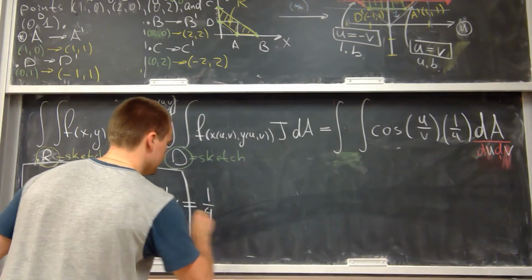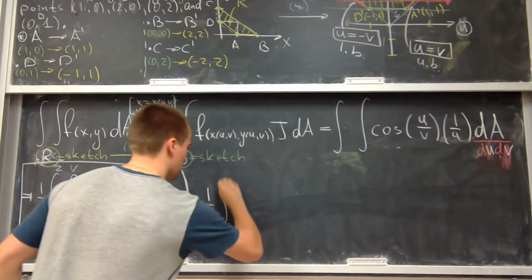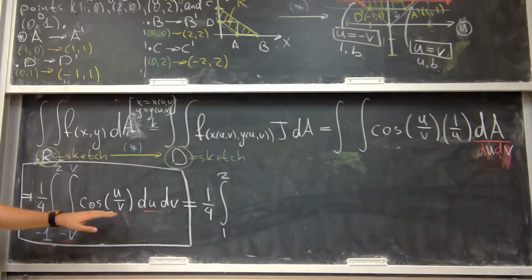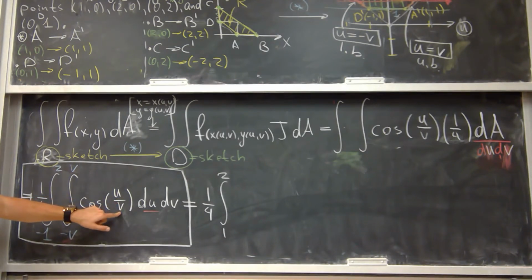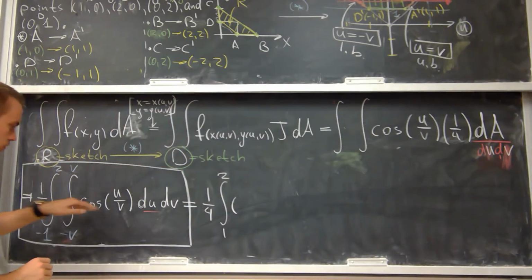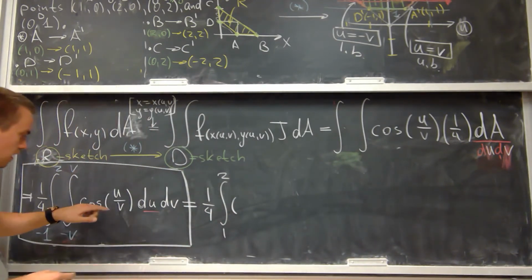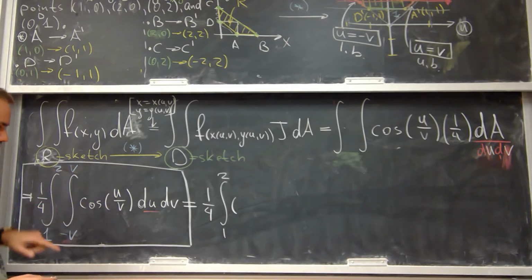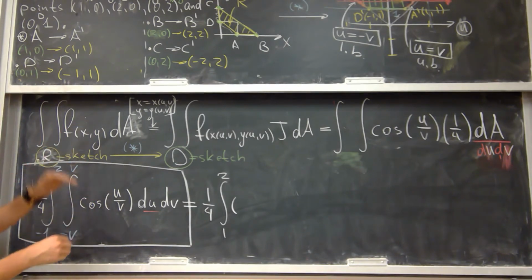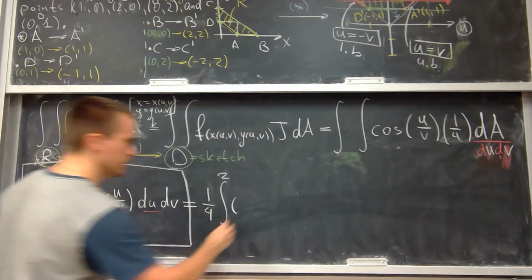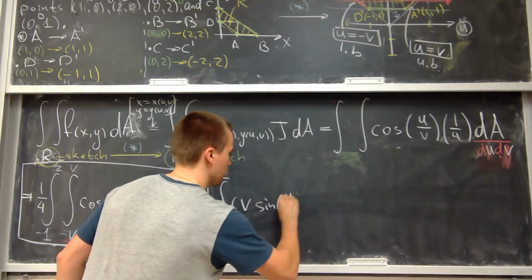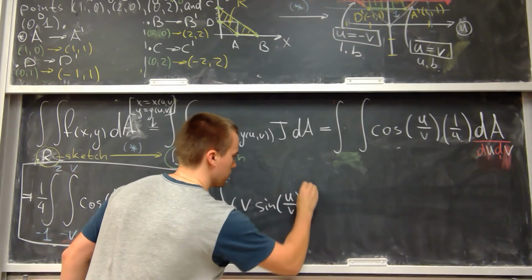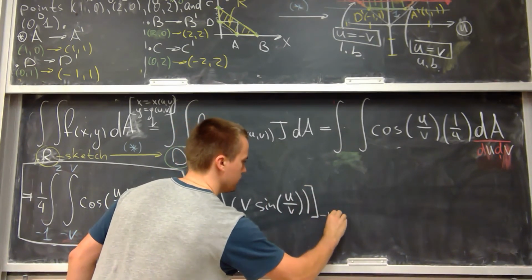So this integral is going to be equal to 1 over 4 of 1 over 2. Here I'm taking the integral with respect to the variable u, so I keep v constant. So I'm going to integrate the function cosine. The integral of cosine is sine, but here I have my constant. Since I will have 1 over the constant, and my constant is 1 over v, I will have just v times sine of u over v, where my bound changes from -v to v.